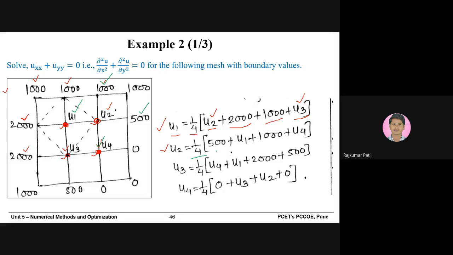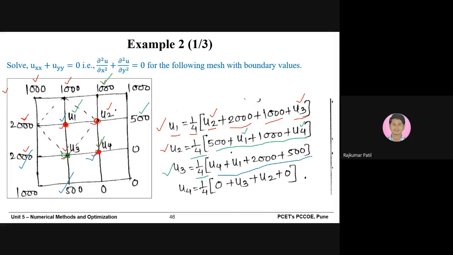This is the formula used for calculating u2. Again, in this equation, u1 and u4 are unknown. Then for u3, u3 is equal to 1/4 into (u4 plus u1 plus 2000 plus 500). This is the formula for u3.